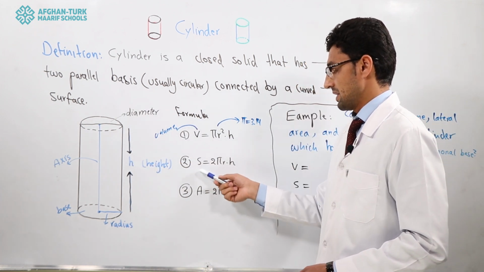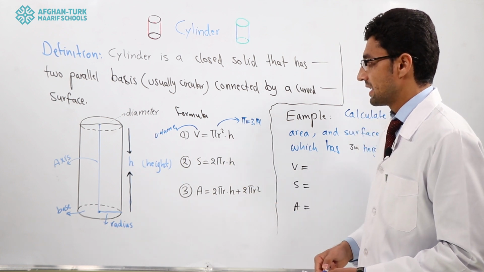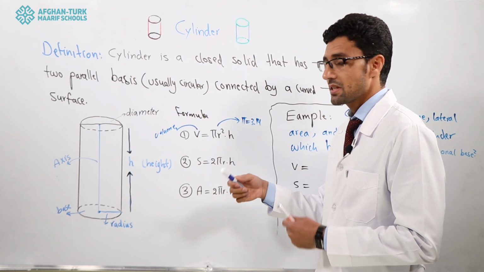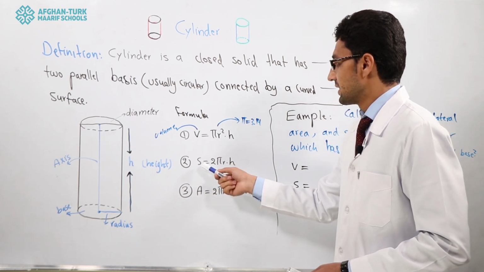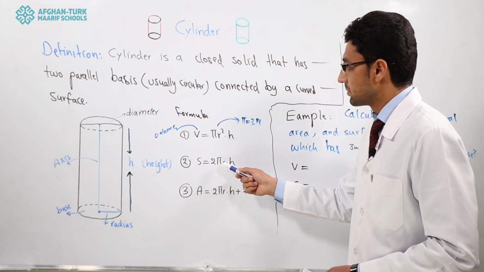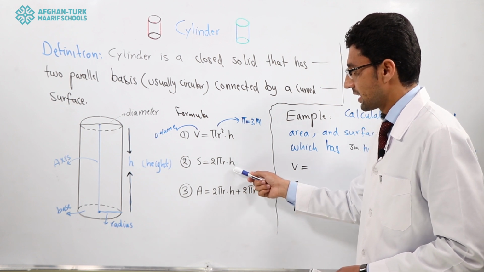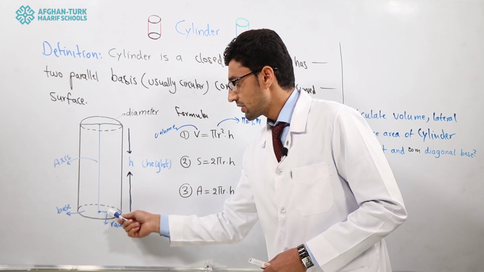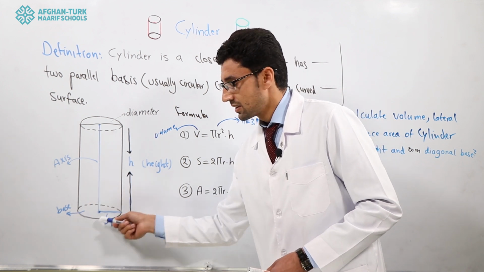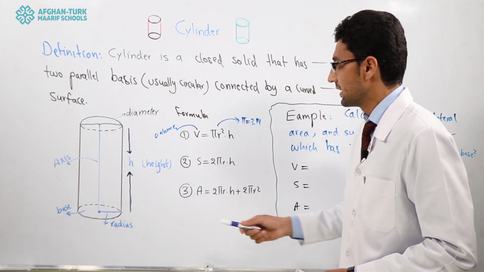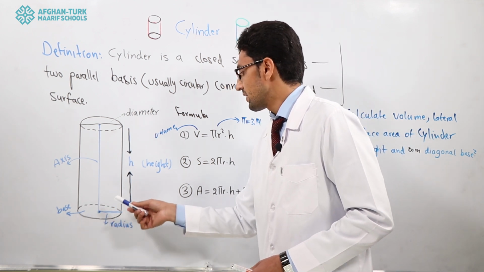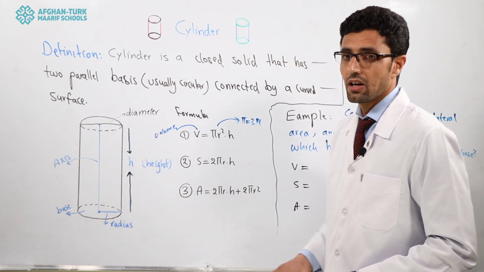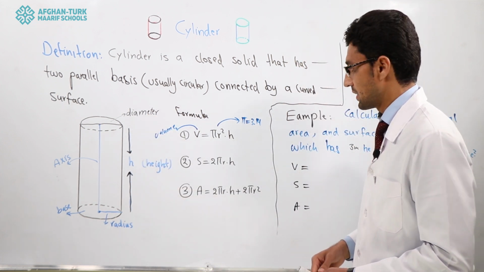The next one is lateral area, which you studied in previous lessons: 2 pi r multiplied by h. What is 2 pi r? The perimeter of the circle. So 2 pi r is the perimeter of the circle multiplied by the height of the cylinder.